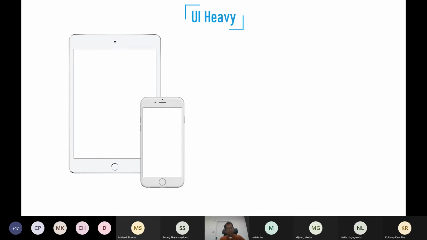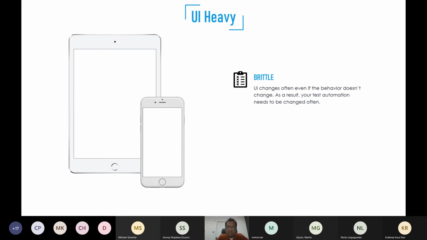The reason being, if you go UI heavy, first of all, you are not testing the behavior, because UI is not the behavior, not all the time. The behavior is the behavior of your application. The behavior is what is defined in the API, or the one that actually defines the behavior of your application. When you go UI heavy, what happens is it becomes very brittle.